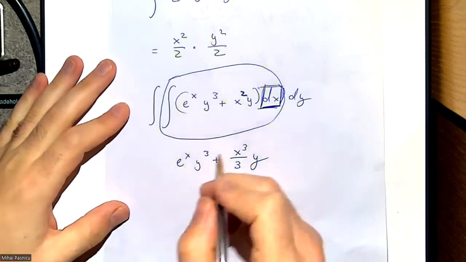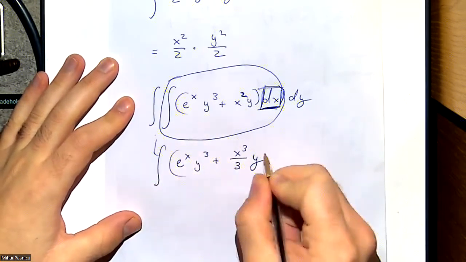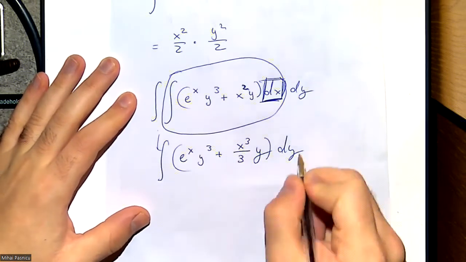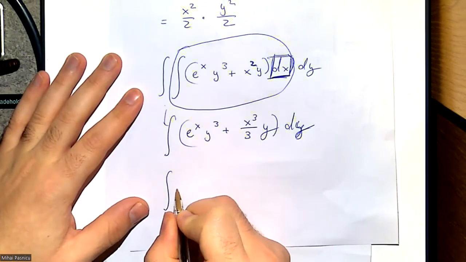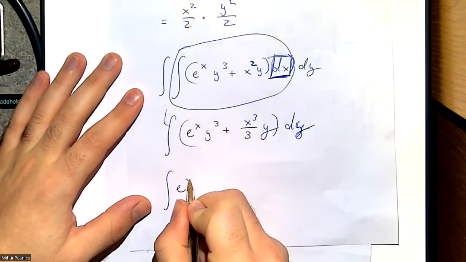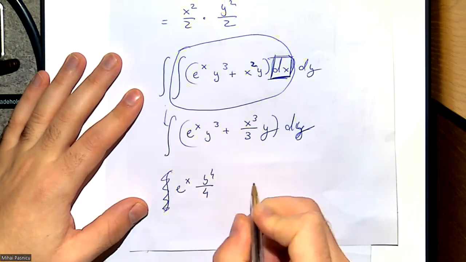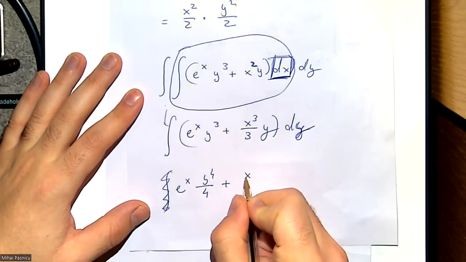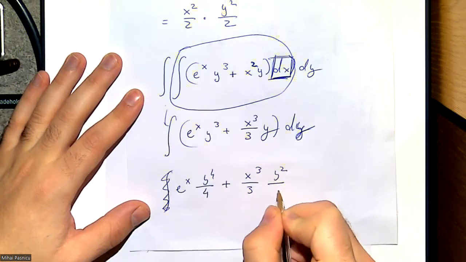Now I put in the other integral dy, and again x is a constant, so I just slap it in: e to the x, y to the 4 over 4, plus x to the 3 over 2 y squared.